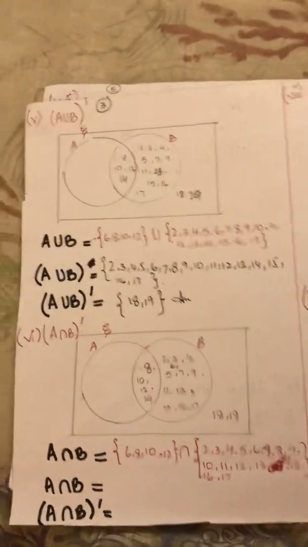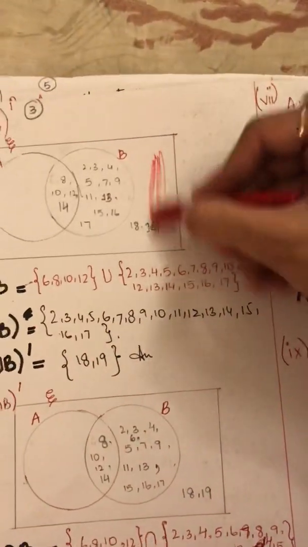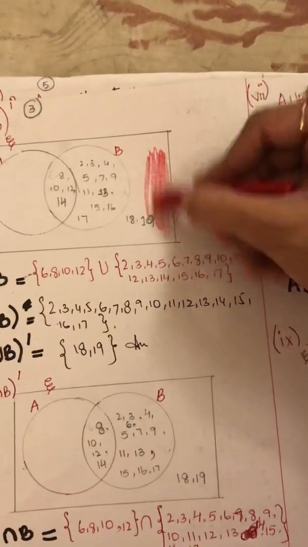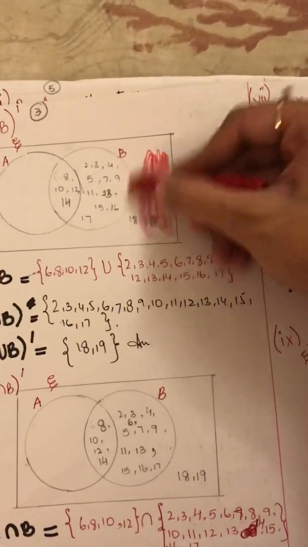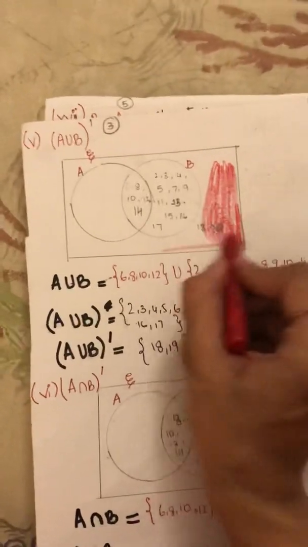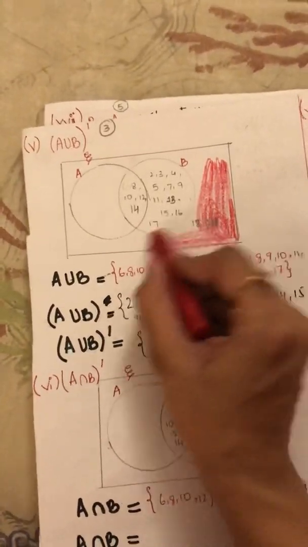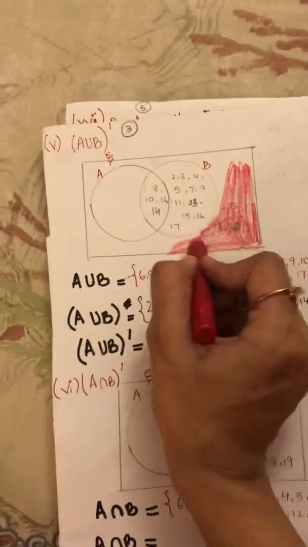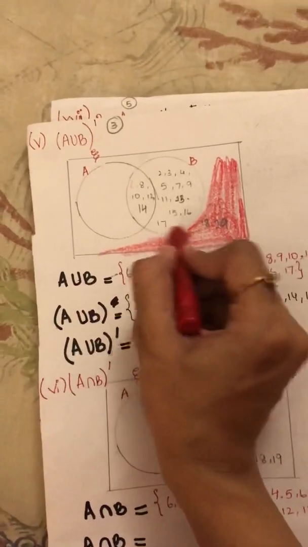And how are we going to shade that? We are only going to shade what is not A union B. Right? Complement means what is not in it, but it is a part of the universal set.